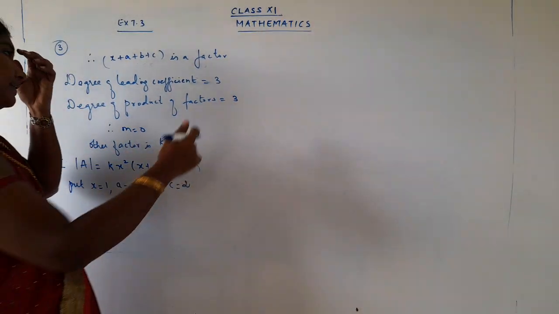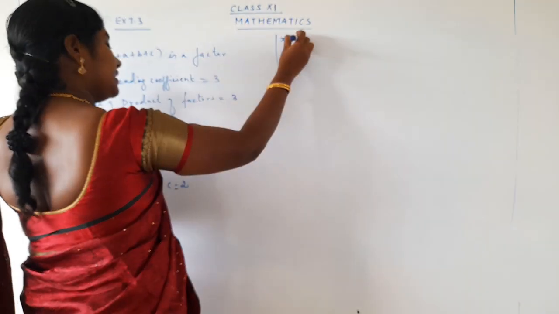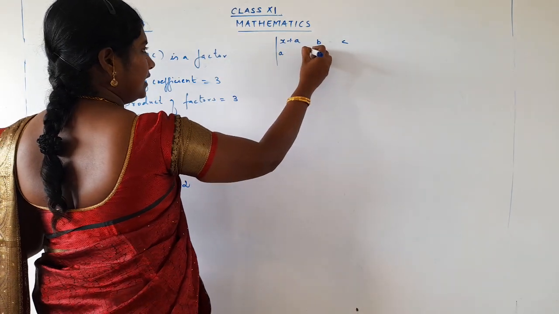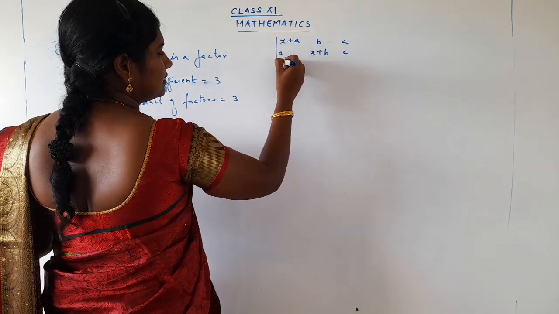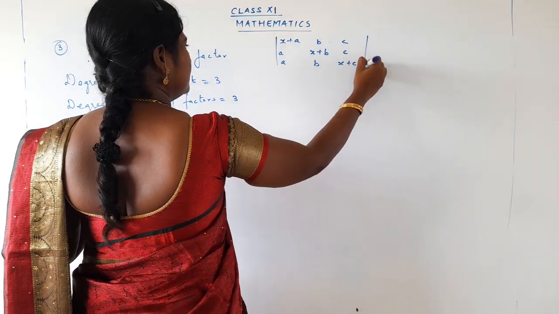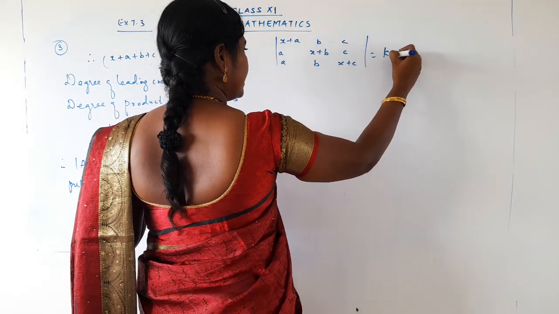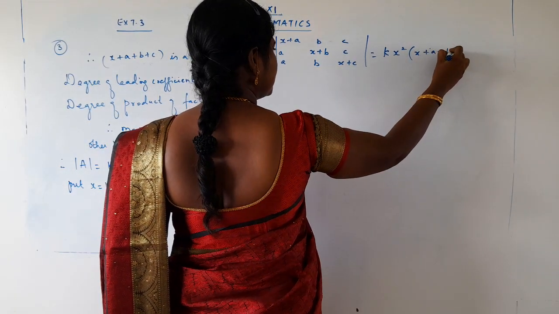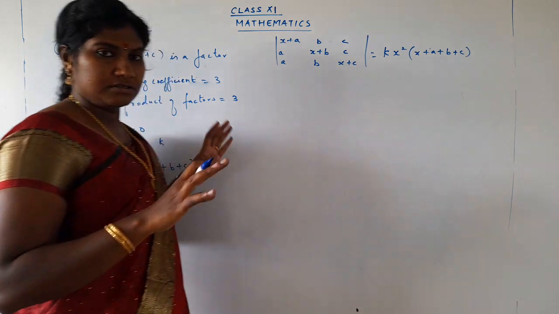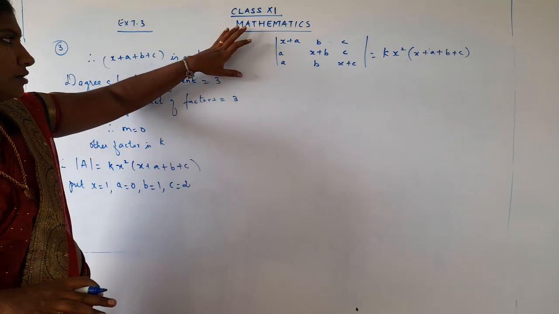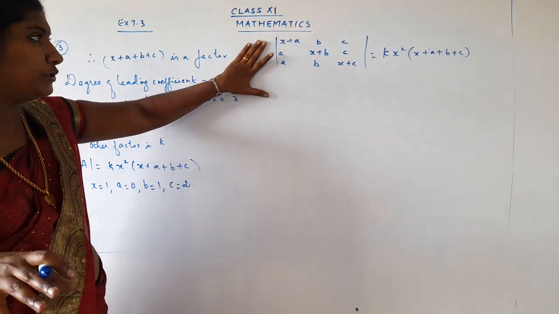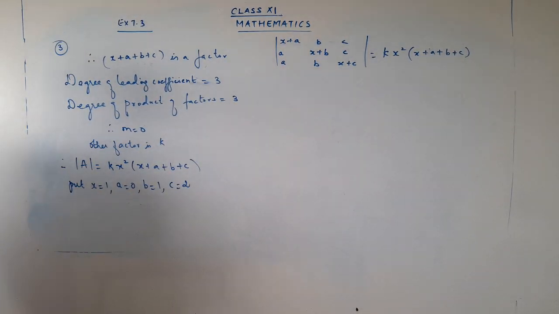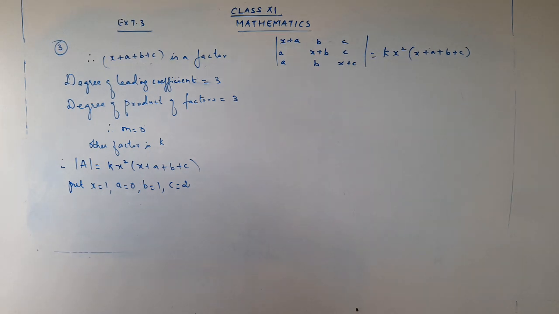So what was the determinant? The determinant was x plus a, b, c; a, x plus b, c; a, b, x plus c.